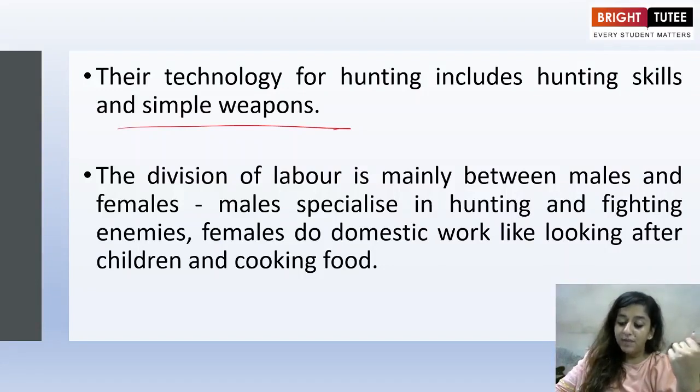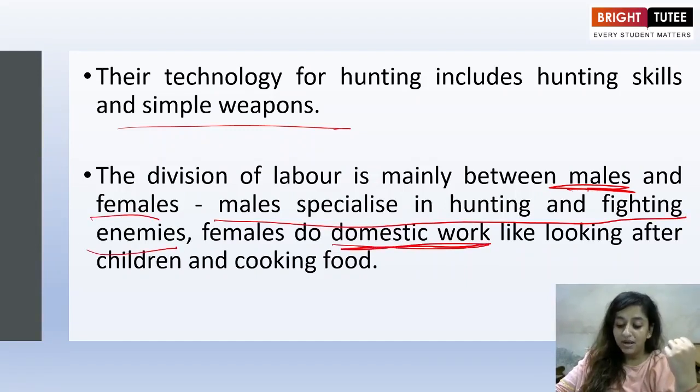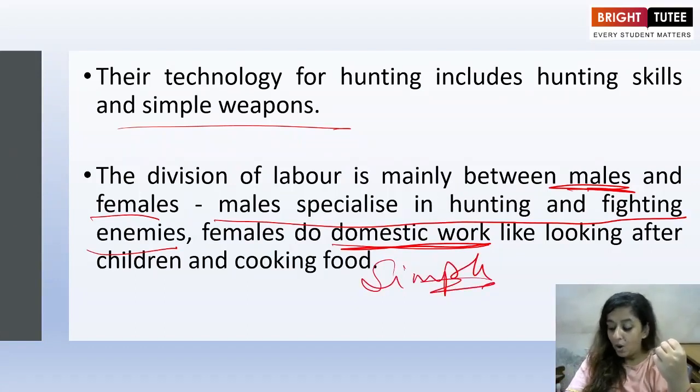The division of labor is mainly between male and female, where males specialize in hunting and fighting with enemies, and females do the domestic work like looking after the children and cooking. A very simple way of having the division of labor.